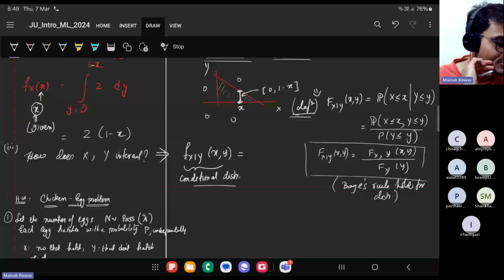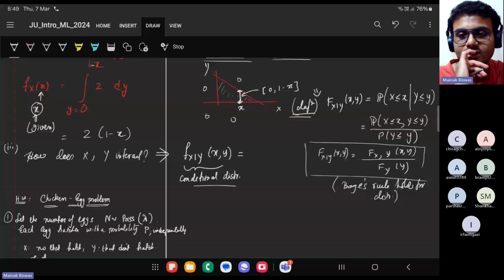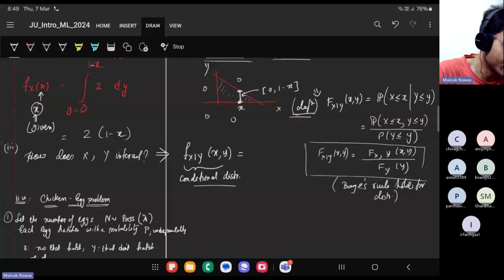First, you have to take a derivative with respect to x, then with respect to y, and then you will be able to see what the density is, right? Let us do it. So what would f of x given y be?